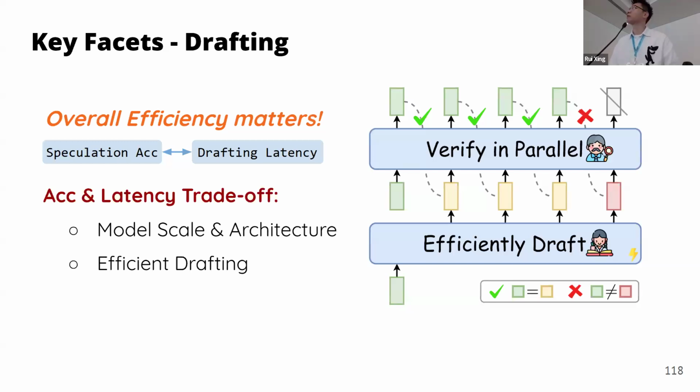So in recent works, people have tried a lot of strategies to investigate the model scales of the draft model and the drafting architectures. Some researchers have investigated a strategy called efficient drafting. When we say efficient drafting, we mean that we do not alter the original model scale or the architecture of the drafting model. We just propose some efficient strategies to get more tokens past the verification.